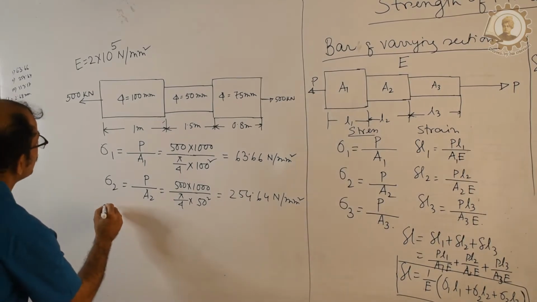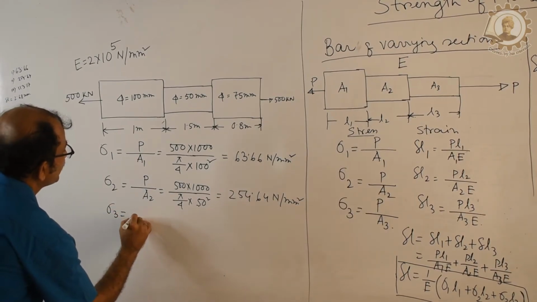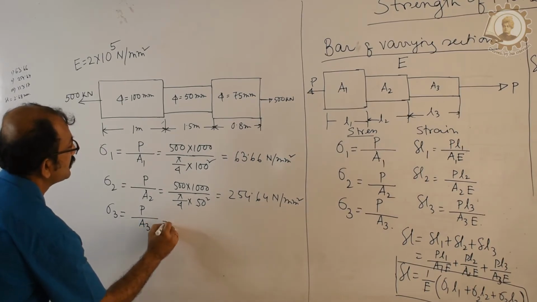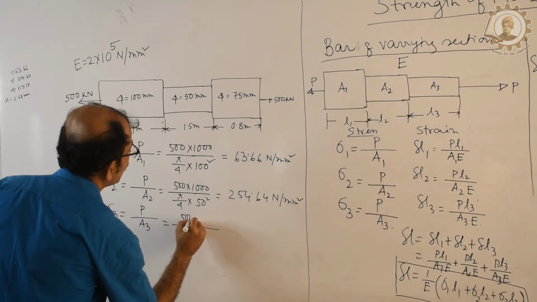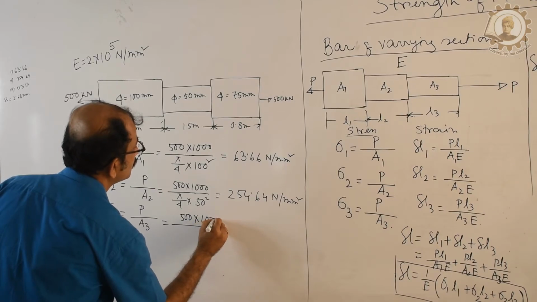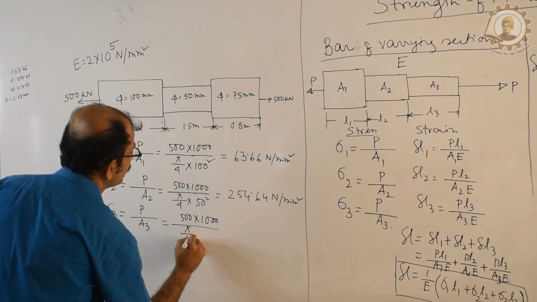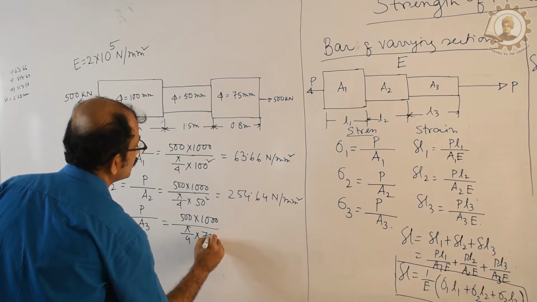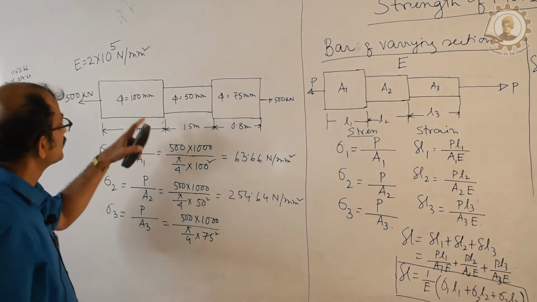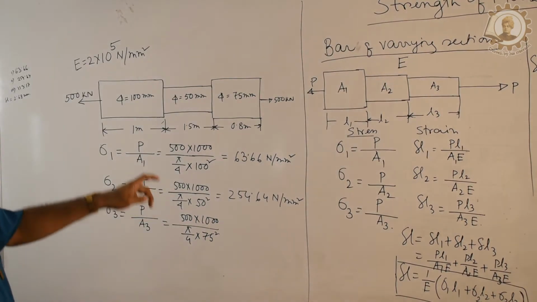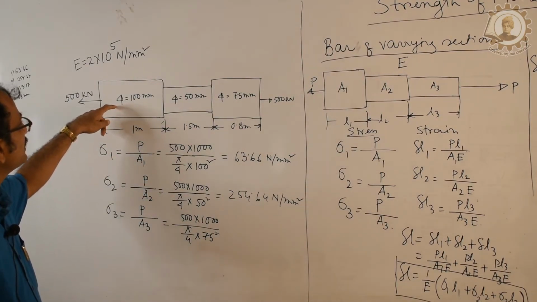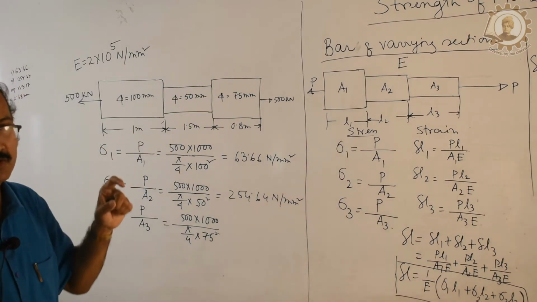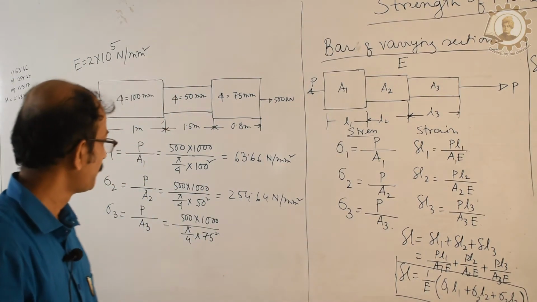Similarly, the stress developed in this third part, P by A3, that is 500 into 1000 divided by pi by 4 into d square, that is 75 square. Now one thing I just mentioned here, that is phi, the diameter of this bar, is denoted by the symbol phi.